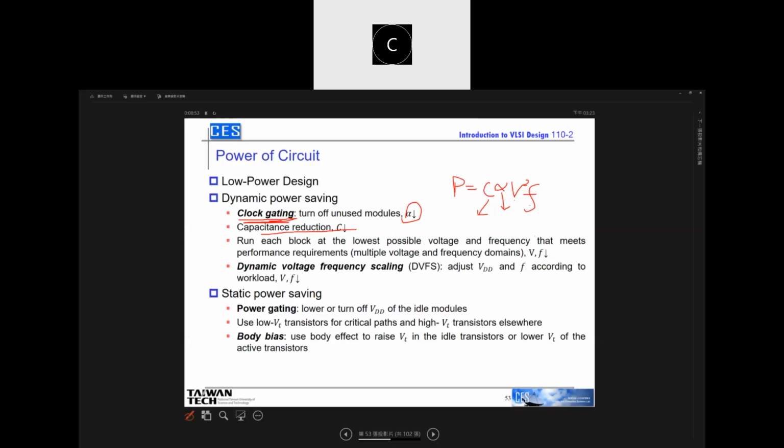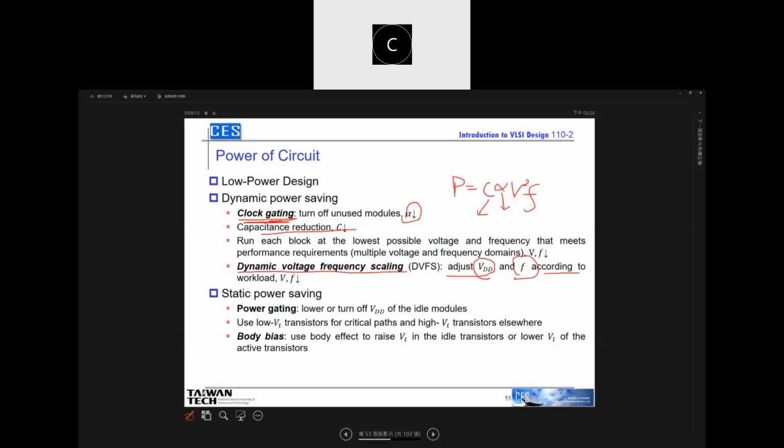So there's a kind of power management system we call DVFS, dynamic voltage frequency scaling. The idea is we adjust the voltage, VDD, and the frequency according to the workload.